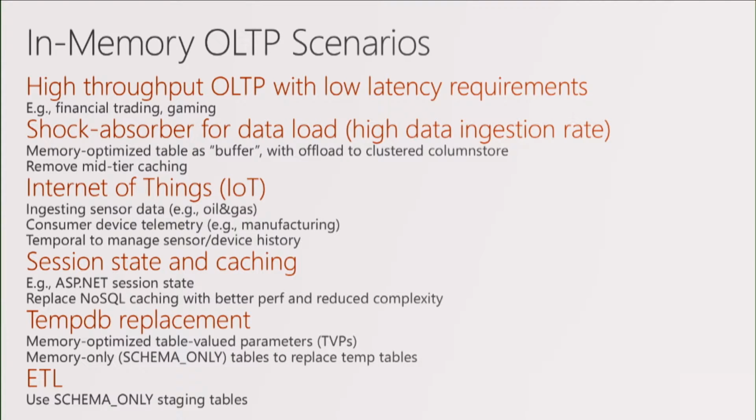Shock absorber for data load: shock absorber refers in this case to spikes in the data being generated and the data that needs to be ingested in the database. Internet of Things is where you have devices, either consumer devices or sensors in the field, sending data over to the database, and you need to process that data before you can do any reporting and analytics on it.